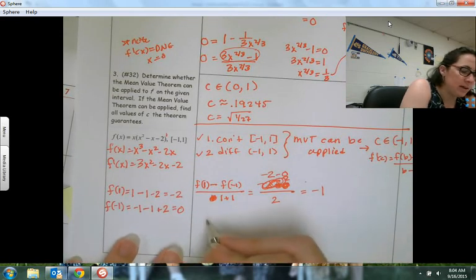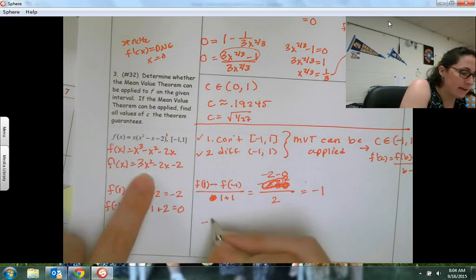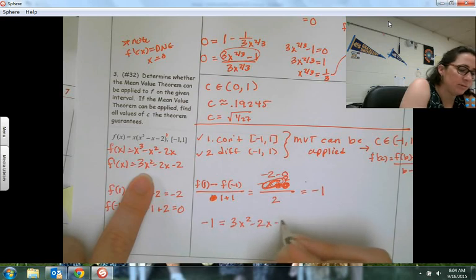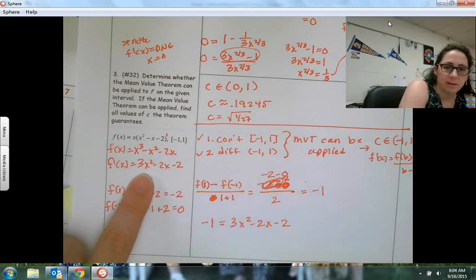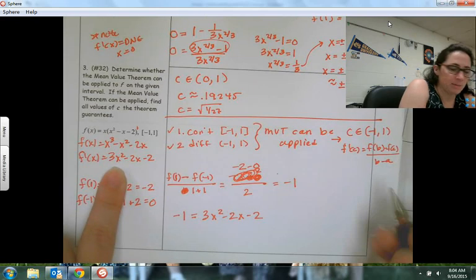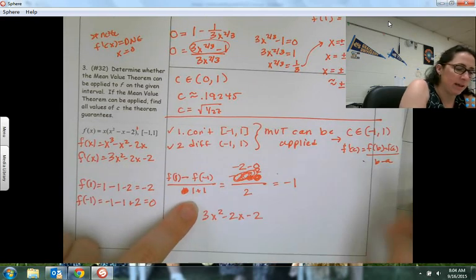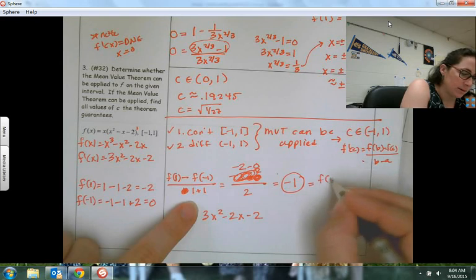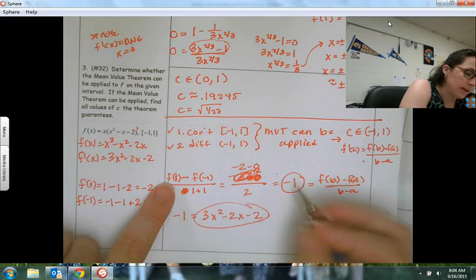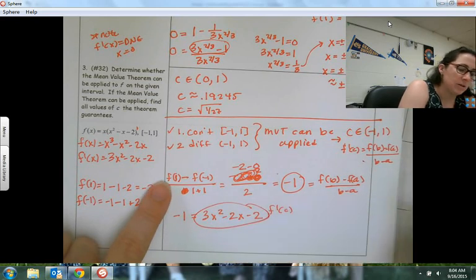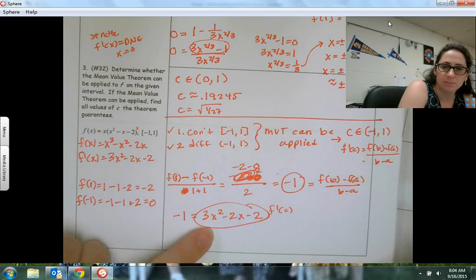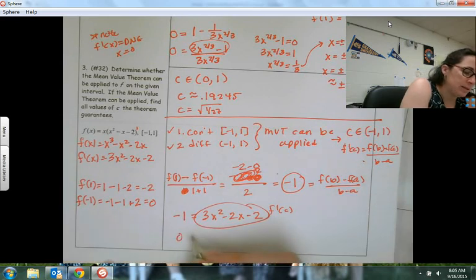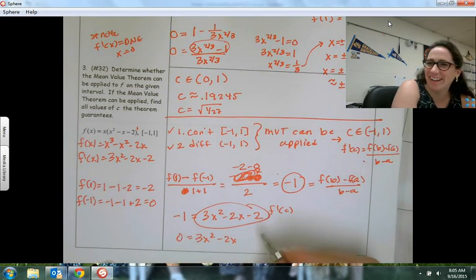So then I know that I can set -1 equal to the derivative to find what x would be. So that is my f of b minus f of a, and this is my f prime of c, and so I'm setting them equal. So now I want to solve, so we're going to use our Algebra 1 skills, if I can do that right.